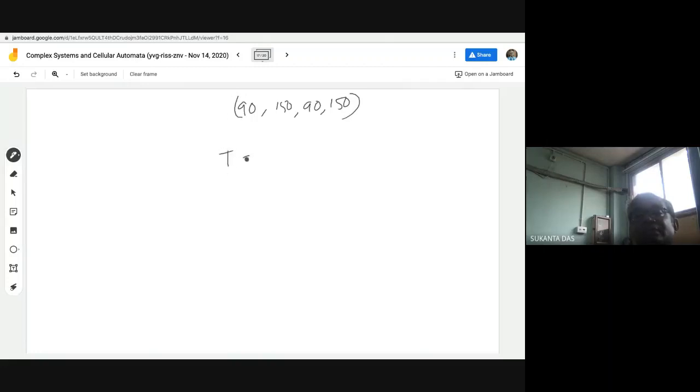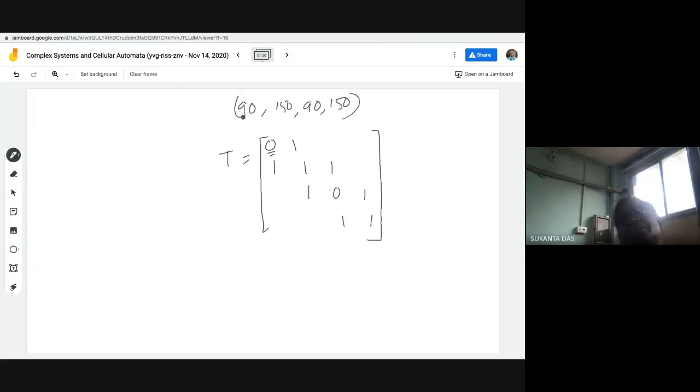So in this case, how does it look? 0, 1 as usual, 1, 1, 1, right? And here it will be 1, 0, 1 and 1, 1. That is what we did in the null boundary case. It is rule 90.